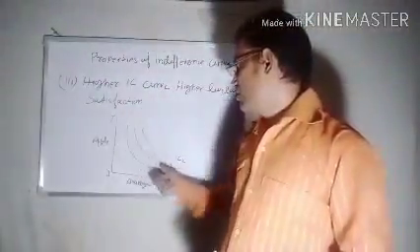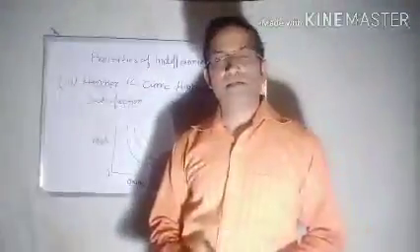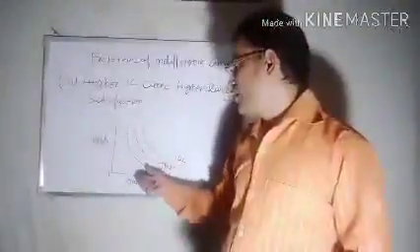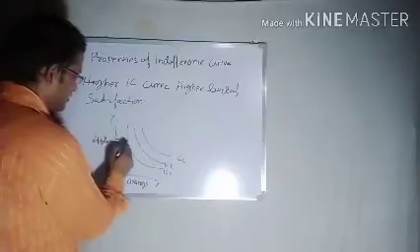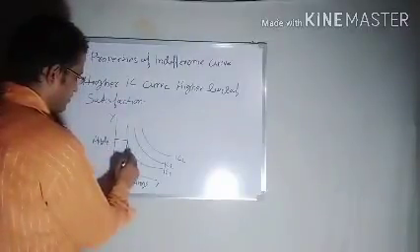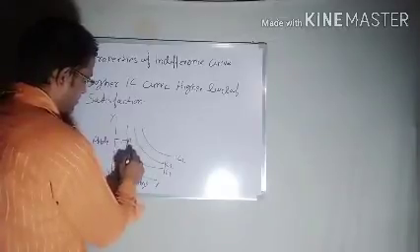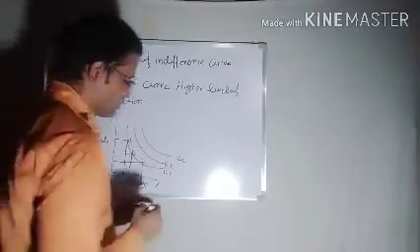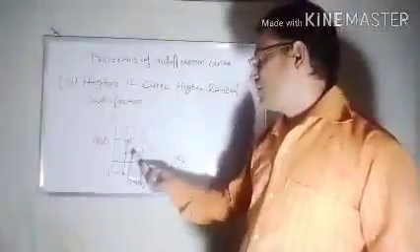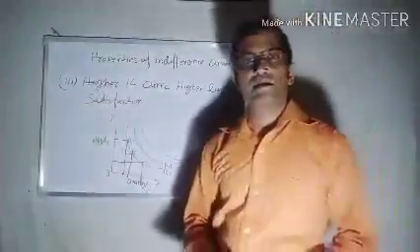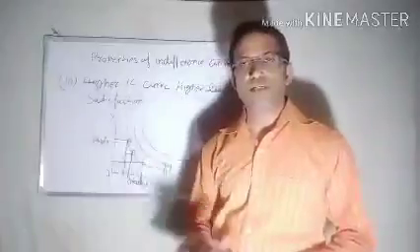On the same IC curve, he is getting the same level of satisfaction at any point, whether he is at this one or this one or this one, A, B, C. On IC curve 1, when he moves from A to B, B to C, he gets a similar, an equal satisfaction.